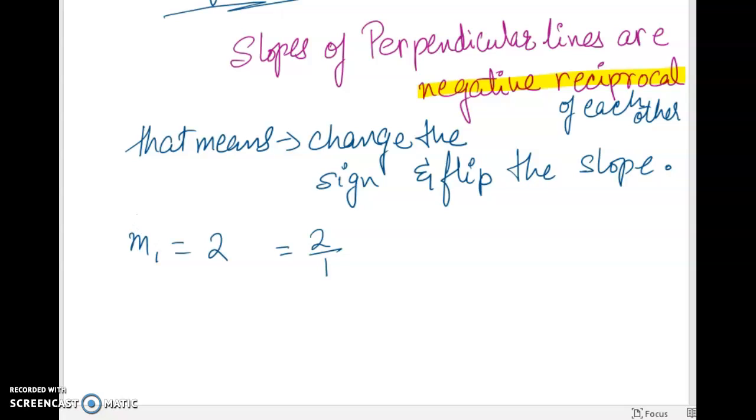Now, if I have to find a slope of a perpendicular line, what will happen? I will change the sign. Right now it is positive, so if I change the sign, it will become negative. And I will flip. If we flip 2 over 1, it will become 1 half. That's how slopes of perpendicular lines behave.